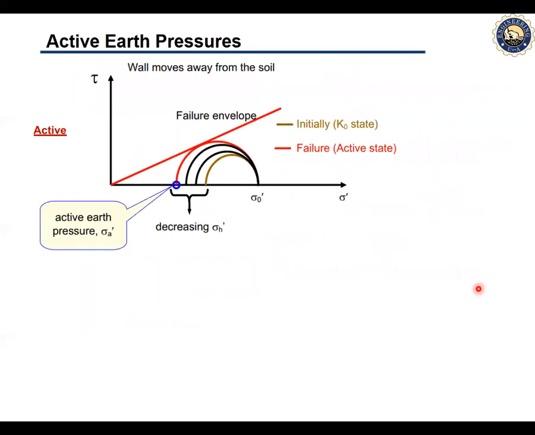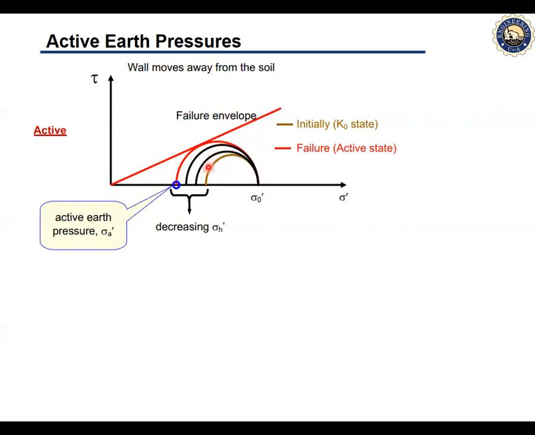Active earth pressure. As we said, in active earth pressure, the wall moves away from the soil. So if this is the initial state of stress, that is when the wall doesn't have movement, that is at rest, this is the Mohr circle, then the sigma naught and the sigma h relationship should be like this. We call this the K naught state. Eventually, when the wall starts to move away from the soil, the horizontal stress will be decreasing.